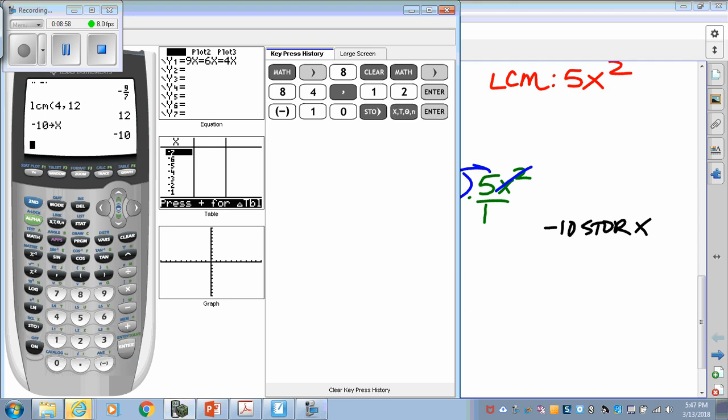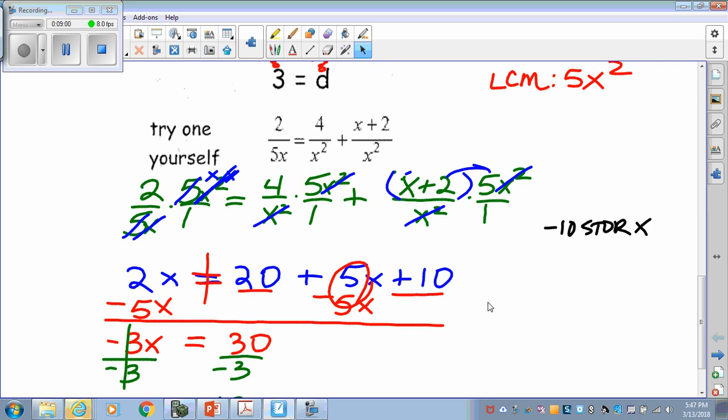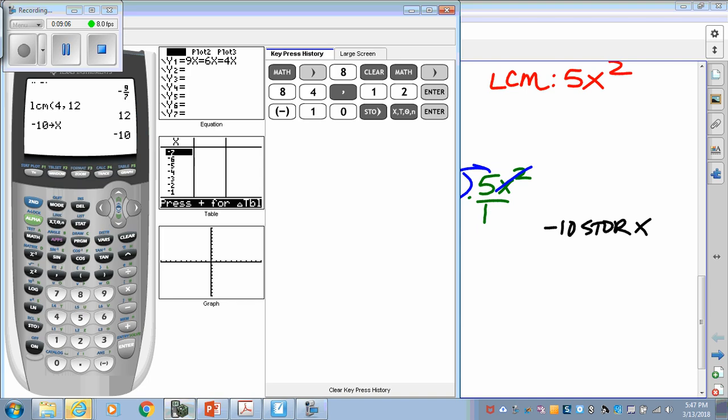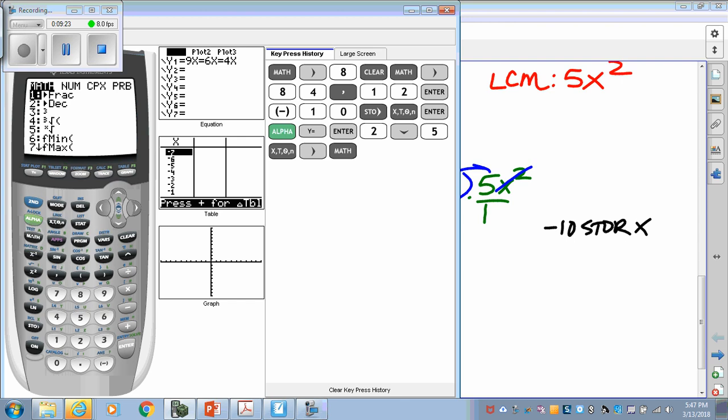And then I'm going to go back to my original problem, 2 over 5x. So that is a fraction, so alpha y equals, enter, and we've got 2 over 5x, arrow over, and then I've got equals, right? That's math.